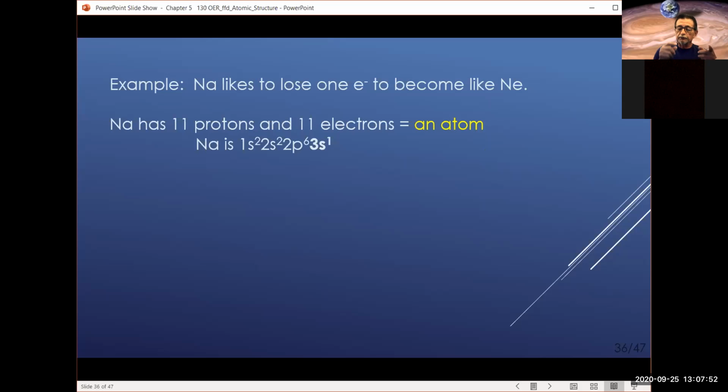Now, the number in front, to refresh your memory, the coefficient, is the energy level. So the first energy level corresponds to the period they're in, so period 1 is the first energy level.